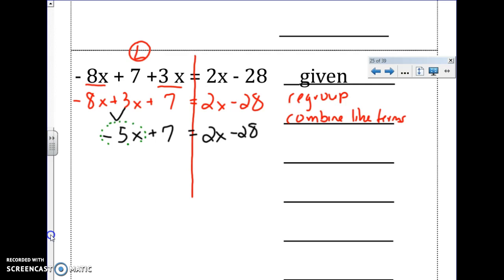So it doesn't matter which one you move, but I'm going to go ahead and do the opposite of -5, which is adding 5. So see how I did that right there? And if I add 5x to one side, I got to add 5x to the other side.